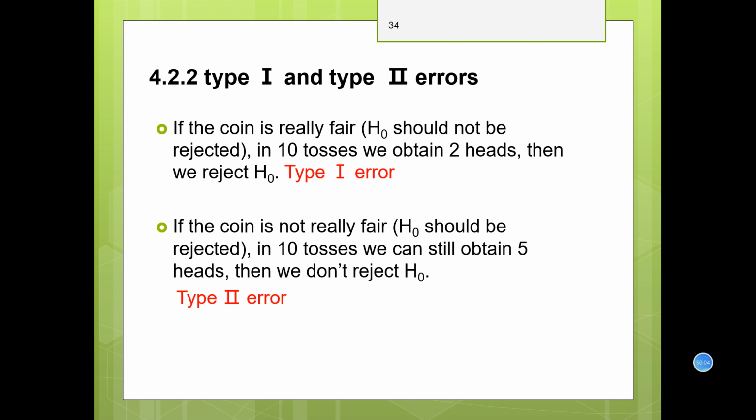And we believe that, oh, the coin is fair because we get 5 heads in 10 tosses. So we don't reject the H0. But actually, H0 should be rejected. We just don't do that because we make the decision based on what we saw in the study. So at this moment, we make a type 2 error.